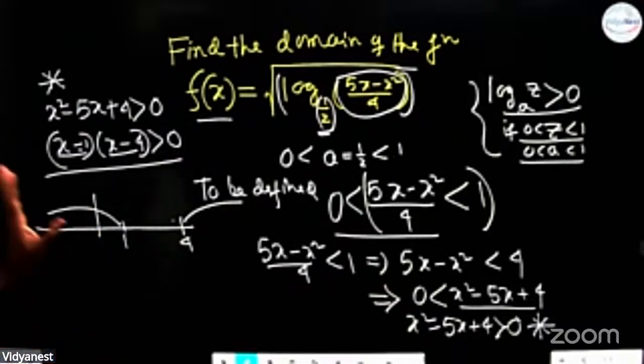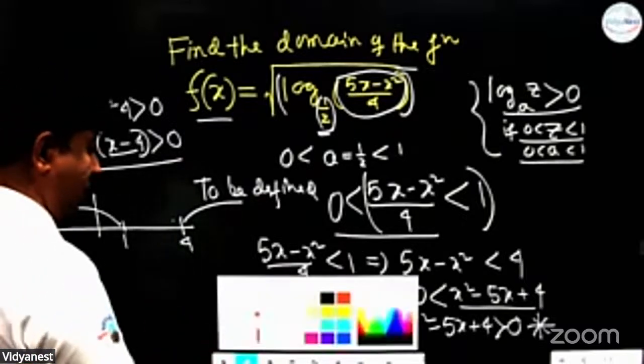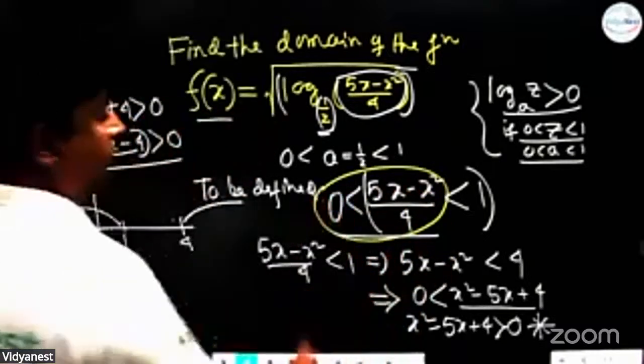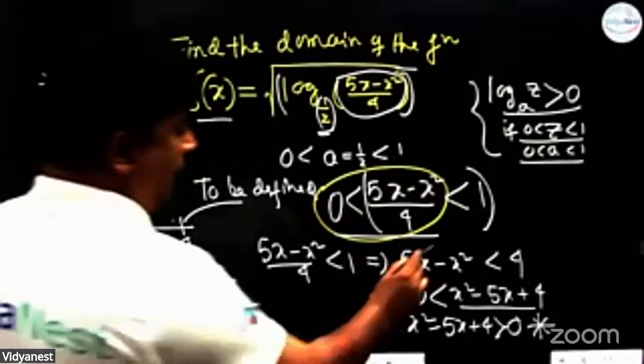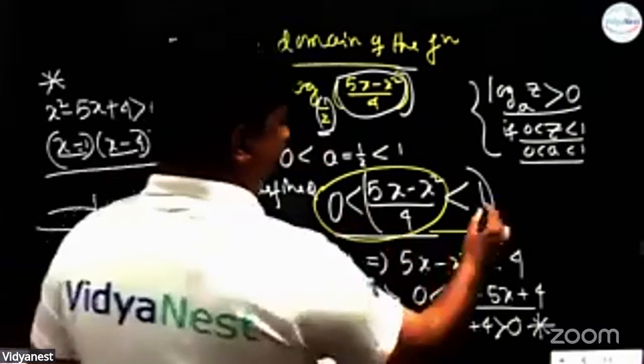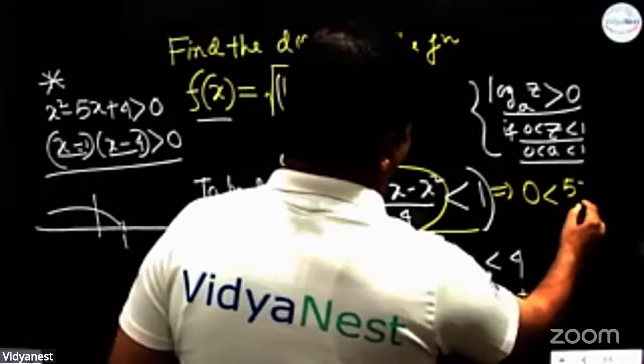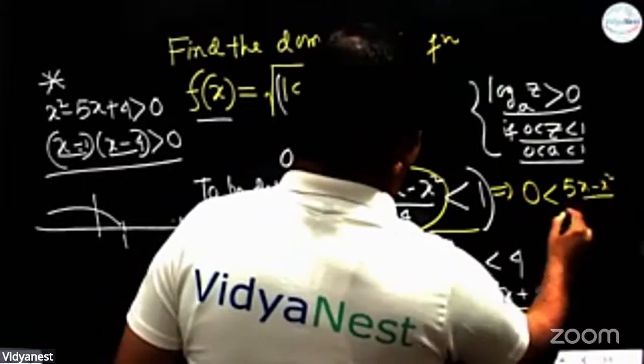That is one condition. Now there is another inequation which cannot be ignored, this thing. A few minutes back I had taken this one, now this one: 0 less than 5x minus x square by 4.